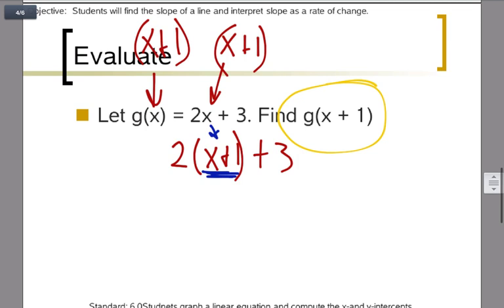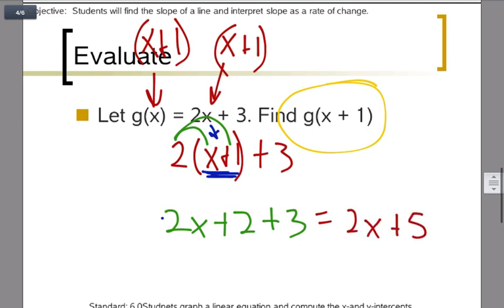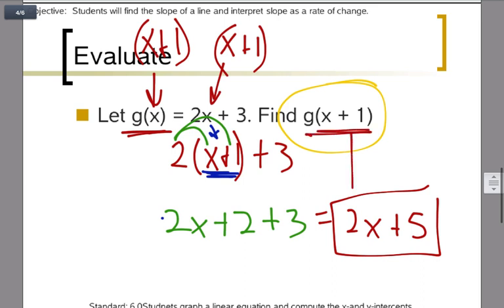Now once you do that, you need to simplify, and I simplify by distributing the 2, and that's going to give me 2x plus 2, and then the outside there was plus 3, and then you further simplify to get 2x plus 5. That would be your final answer for this g of x plus 1.